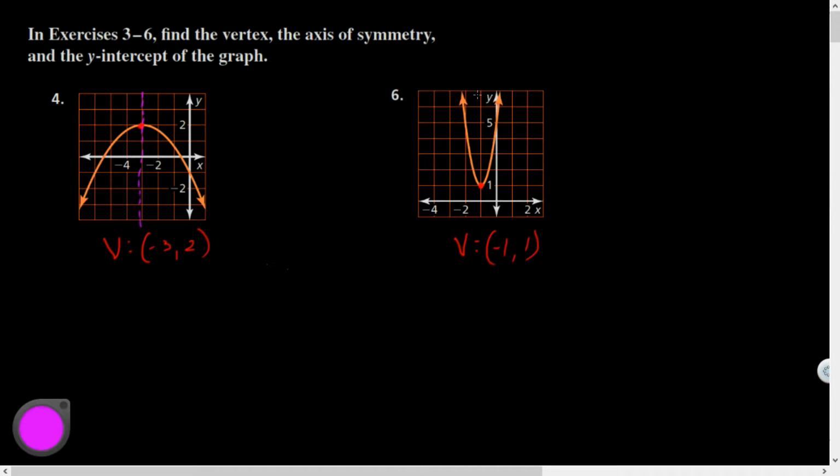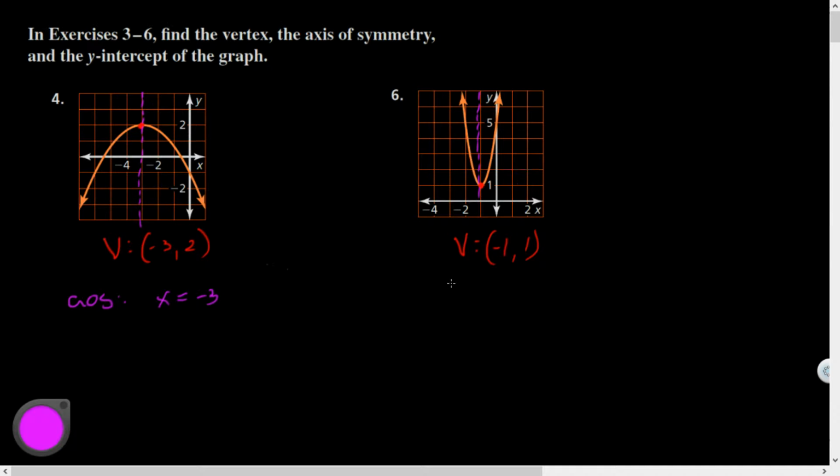Let's see, they wanted the axis of symmetry, and the axis of symmetry in Algebra 1, anyway, will always be a vertical line that passes through the vertex, and it's going to be x equals a number. So the axis of symmetry is not a number, it's an equation that represents a line. All right, so x equals -3 is the equation of a vertical line that passes through that vertex, and it's the axis of symmetry because our graph is symmetric, or mirrored, over this line.